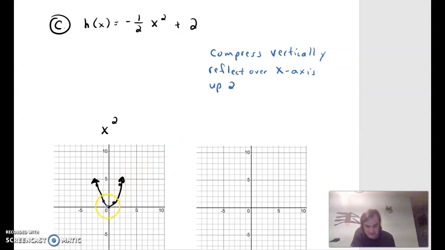So let's see what's happening to this center point. This center point will be compressed, reflected, and up 2. So that center point moves up 2. Now, compress means kind of squish, which means in this case widen, and then reflect over the x-axis means it'll be upside down.